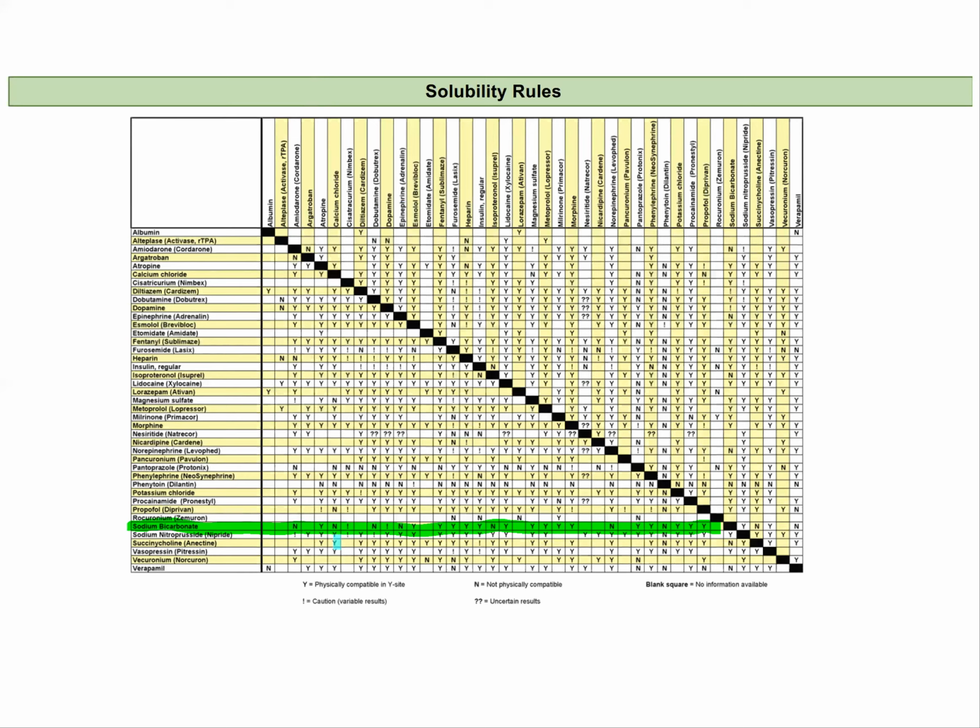But let's look at one right here. Calcium chloride. So here it's saying that sodium bicarbonate and calcium chloride, bicarbonate, there's an H, are incompatible.